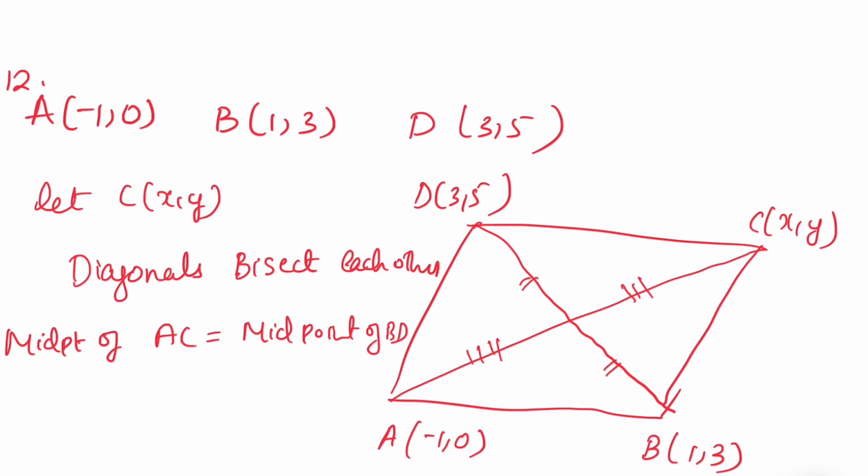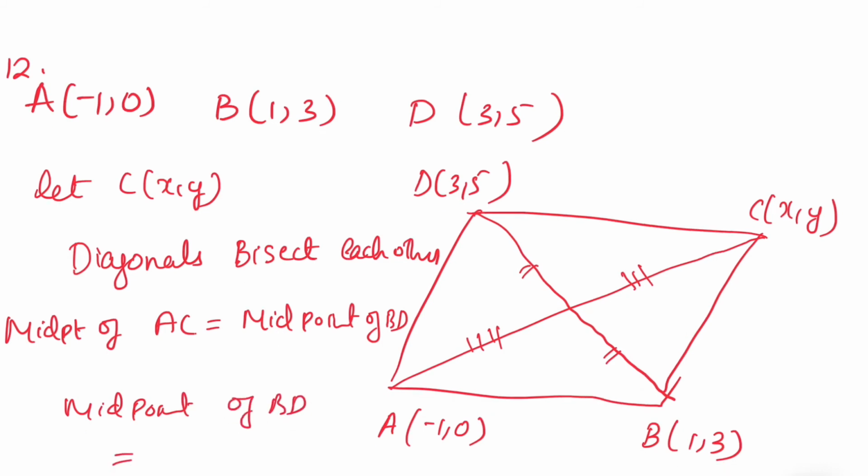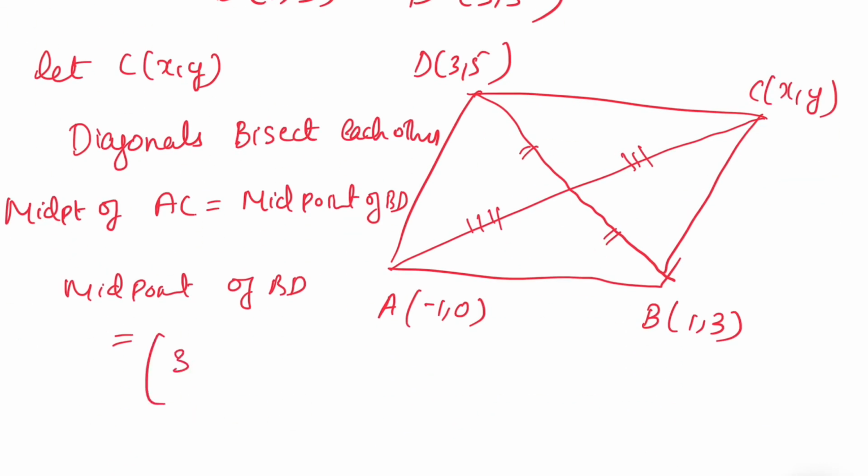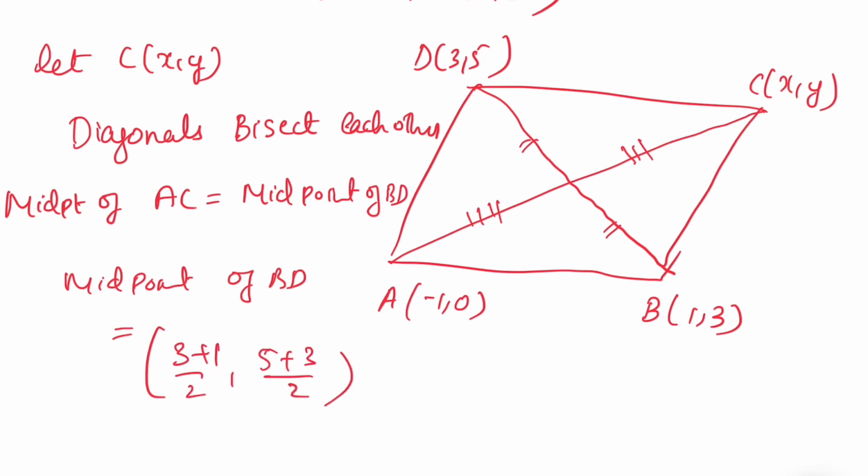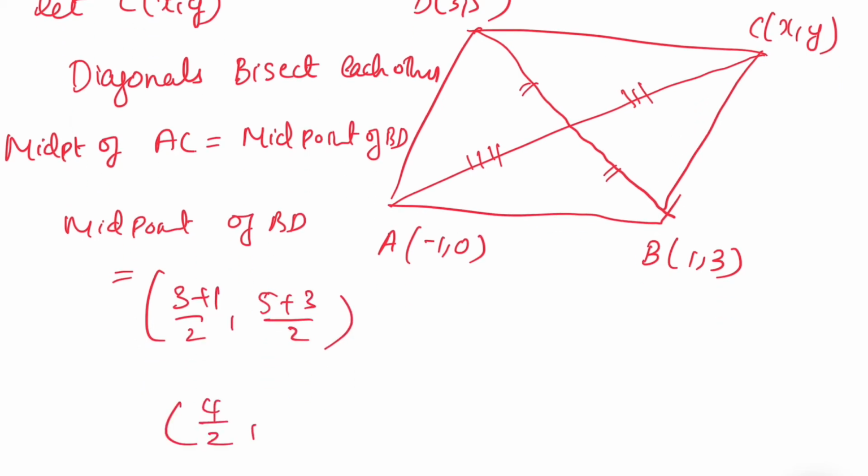So first, can we find out the midpoint of BD? Okay, what will be the midpoint of BD? Midpoint of BD will be equal to ((3 + 1)/2, (5 + 3)/2), that is equal to (4/2, 8/2). It's equal to (2, 4).